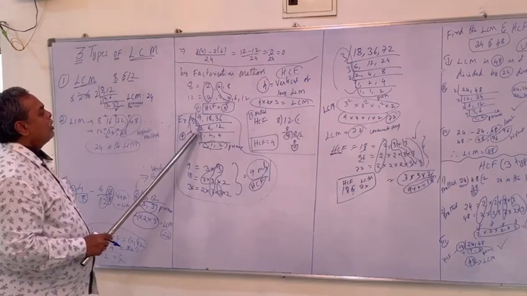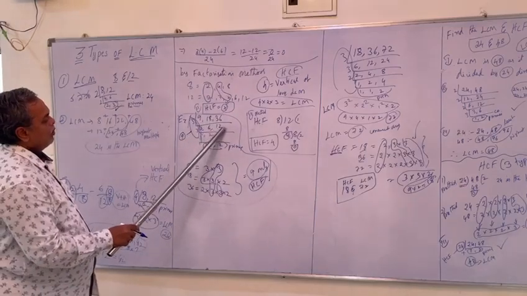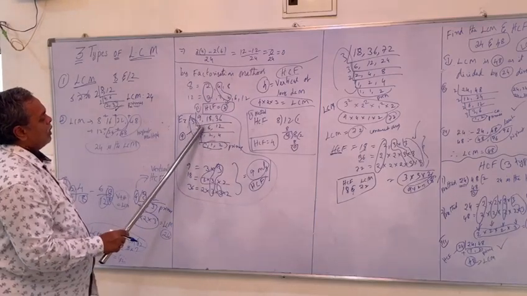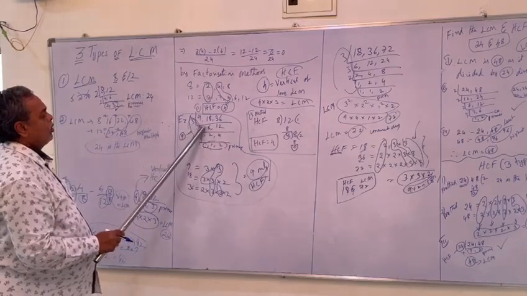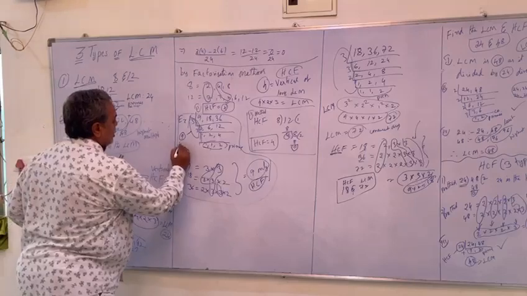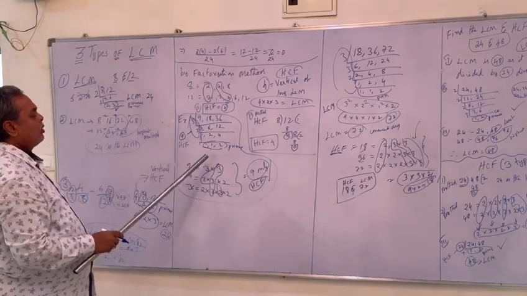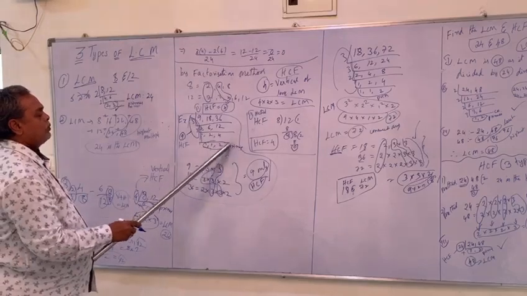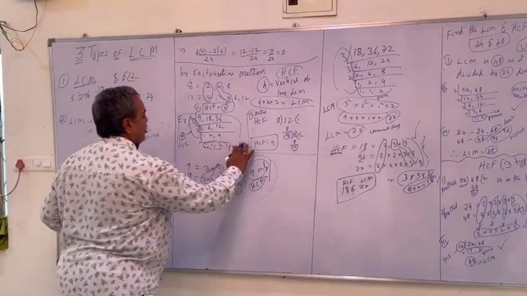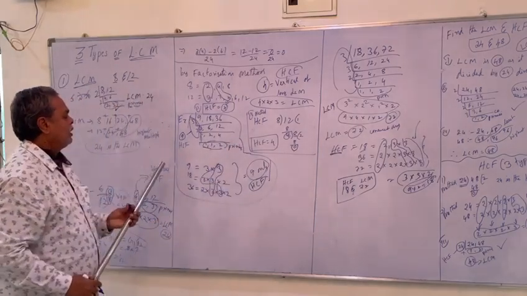You have to divide until the numbers are divided by 3. Then only you get the HCF. Here 3 into 3 is 9. Remaining we have 1, 1, 2, which are primes, co-primes.